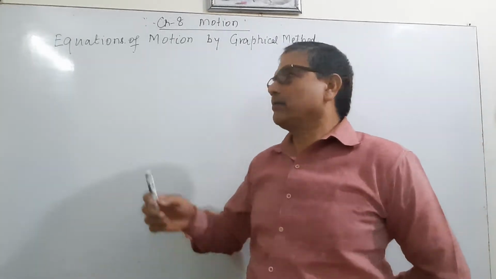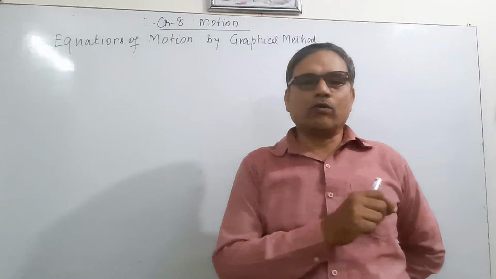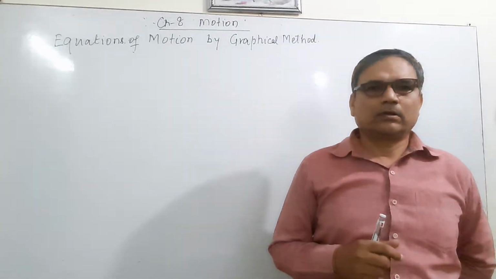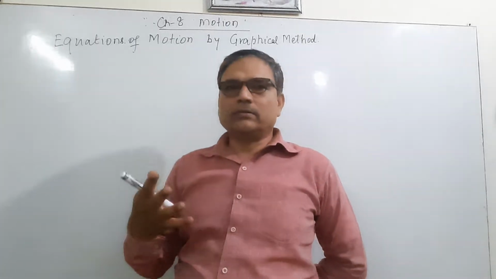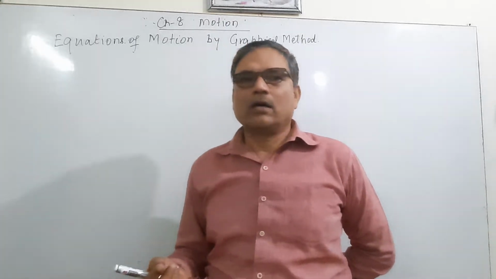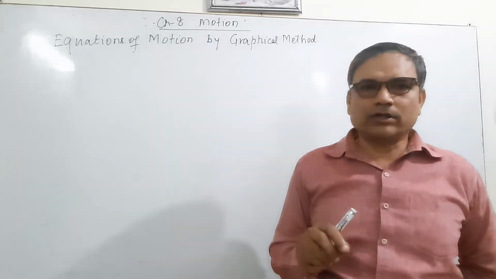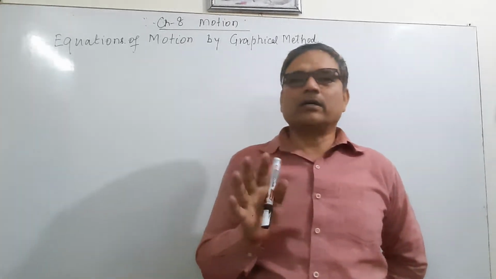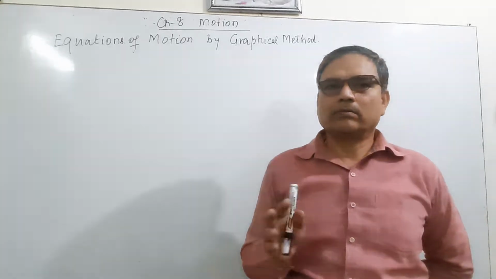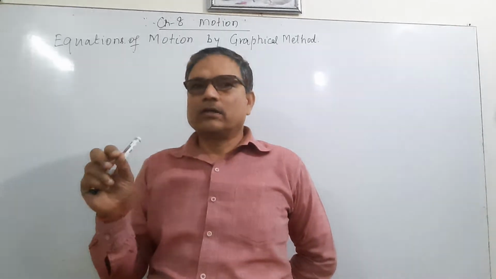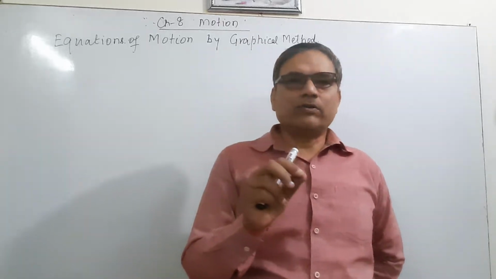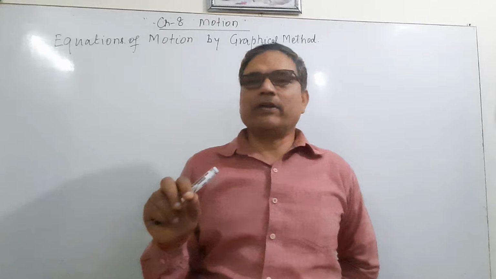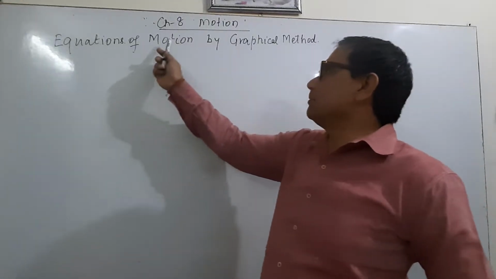We know very well that when an object is moving in a straight path, then it has acceleration, velocity and distance. It means there is a relation between acceleration, distance and velocity with respect to time, and that relation we will verify by the graphical method.